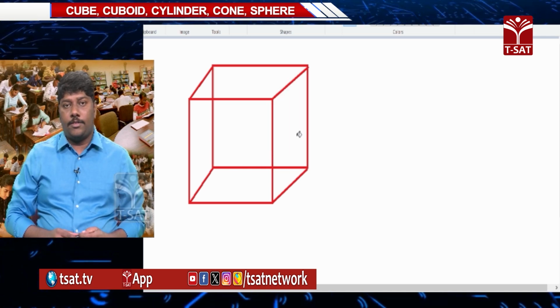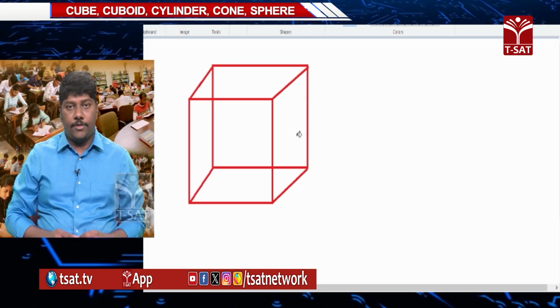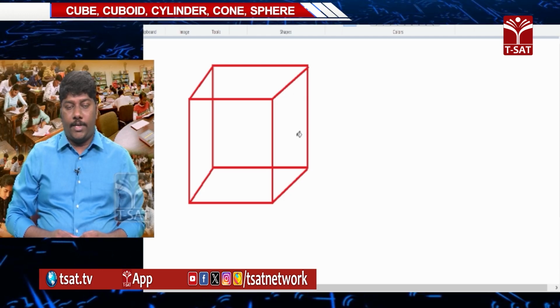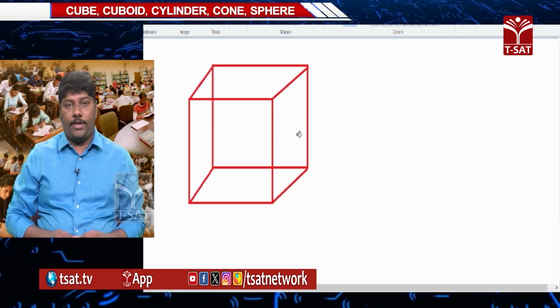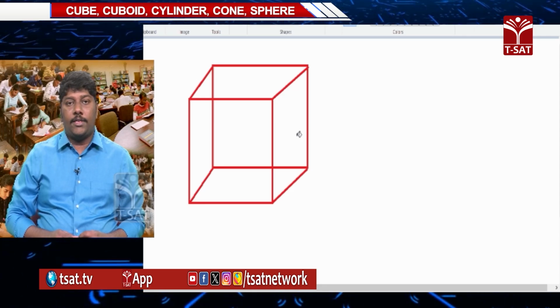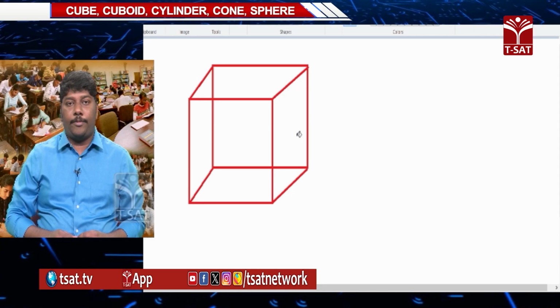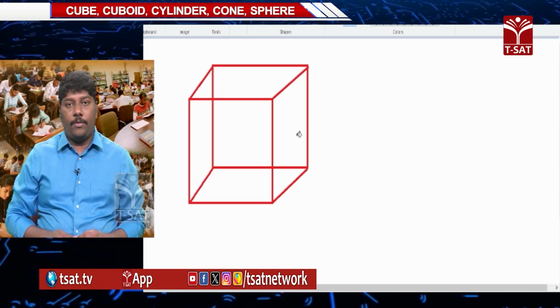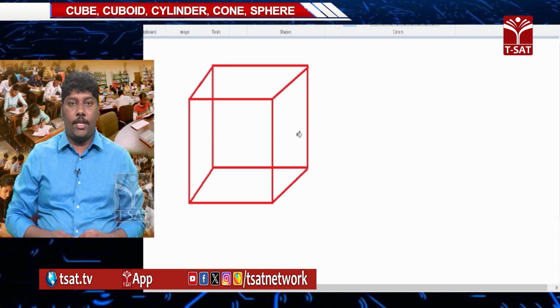You can imagine, suppose you are sitting in a room and seeing this video, just imagine that the room is a cube, but the condition is that all the walls, including the ceiling and the floor, must be in the shape of a square, all of them equal. So, you are sitting in a cube.